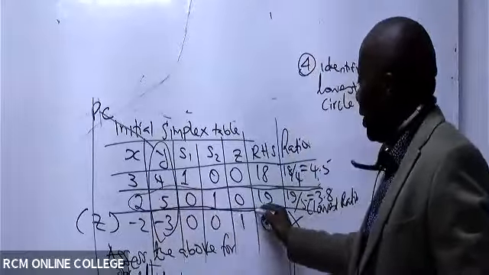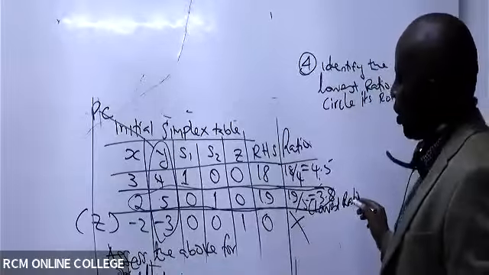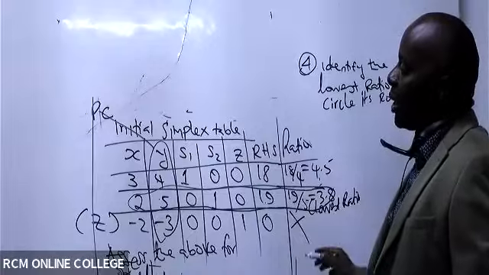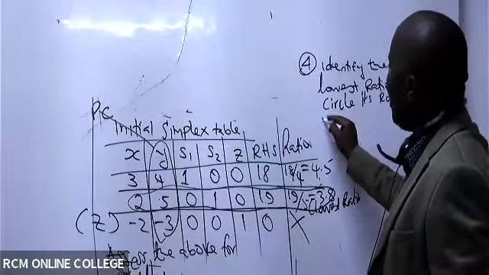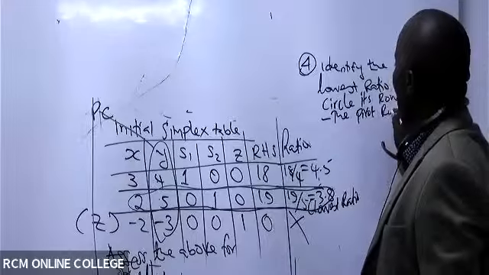You circle the whole of it. Once you circle it like that, call it the pivot row. So this is the pivot row.